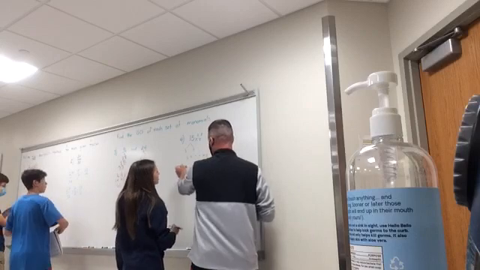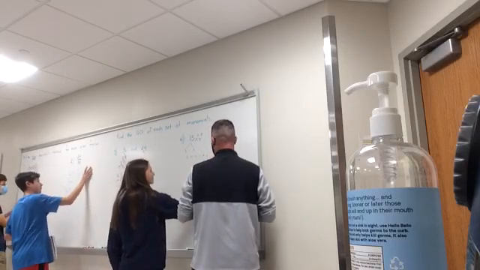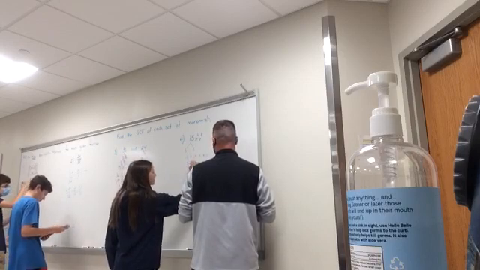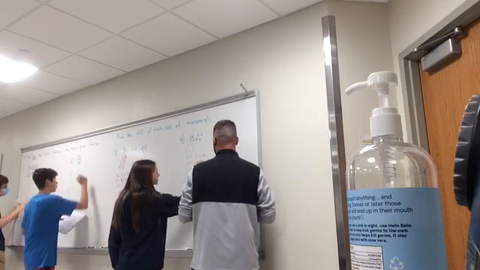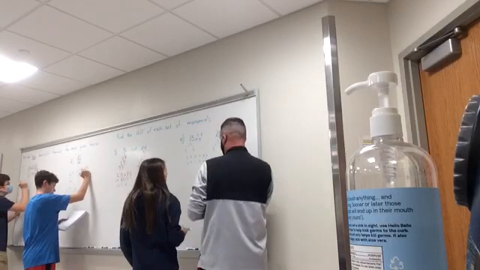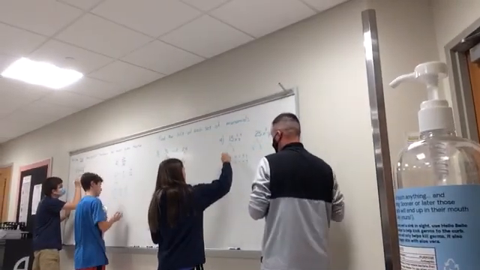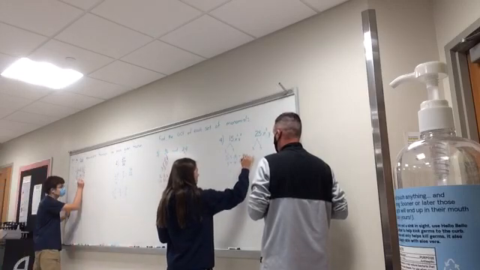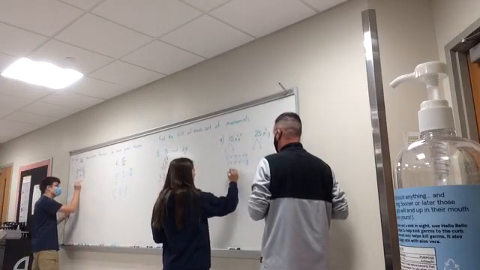Okay, and then let's write below this what we have here. So just write 5 times 5 with 3 x's and 1 y. So now what do these have in common? There you go.